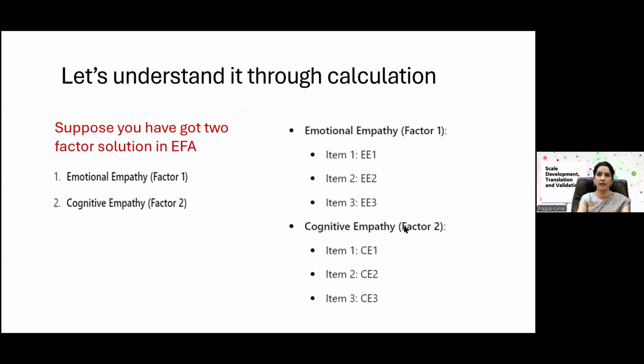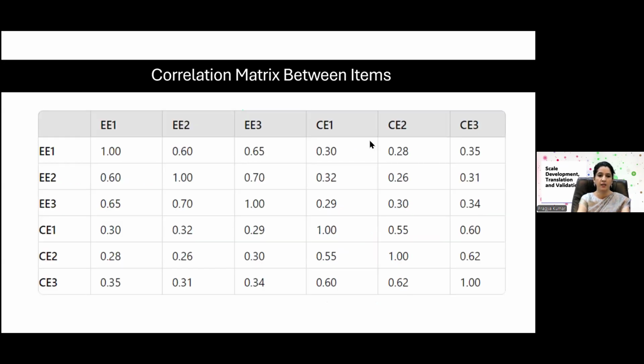Similarly, for factor 2, which is cognitive empathy, CE1 is for item number 1, CE2 for item number 2, and CE3 for item number 3. So this is the correlation matrix between the items. If you see between the same item, this diagonal represents the one line.